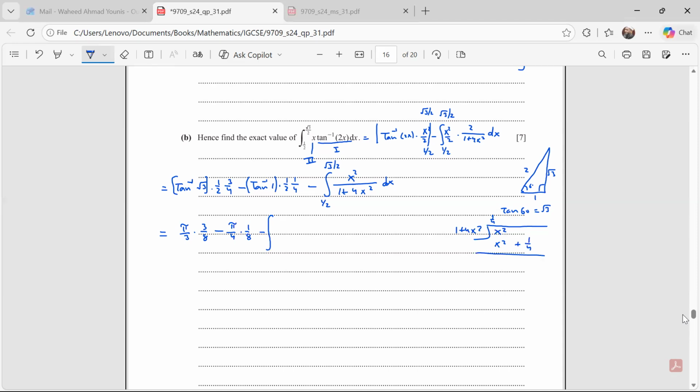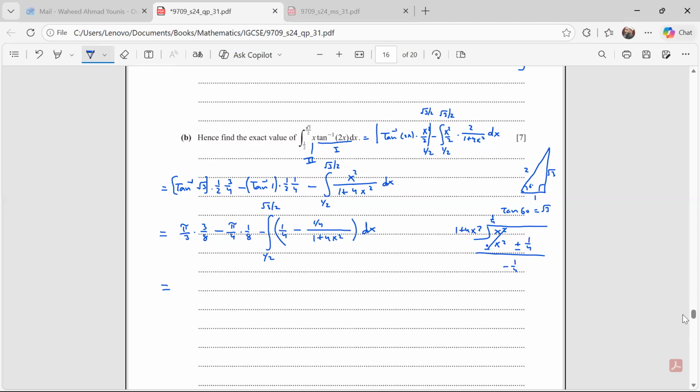When I subtract, plus minus, this will cancel, and minus 1 by 4. So that means this fraction can be written as 1 by 4 minus 1 by 4 over 1 plus 4x squared, and this whole thing as dx, and limits 1 by 2 to under root 3 by 2. Okay, I hope it's clear.